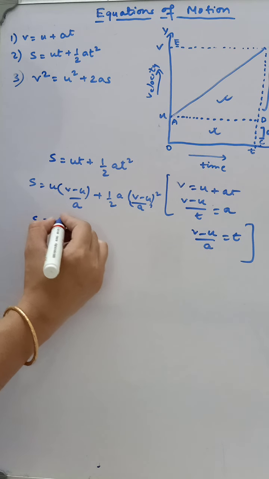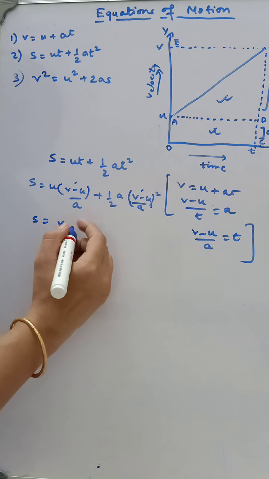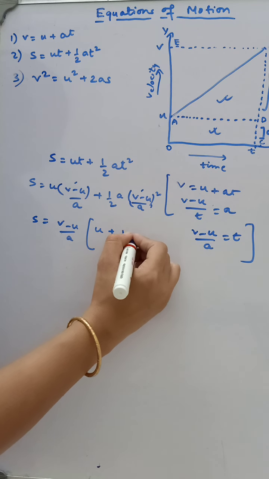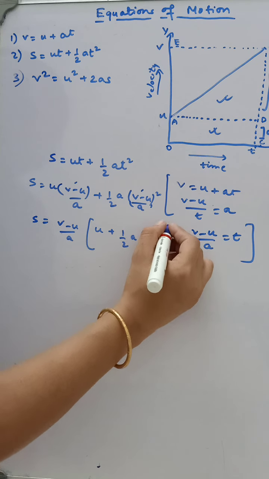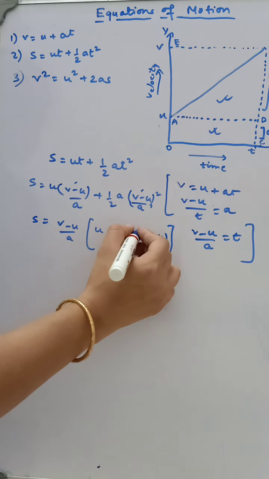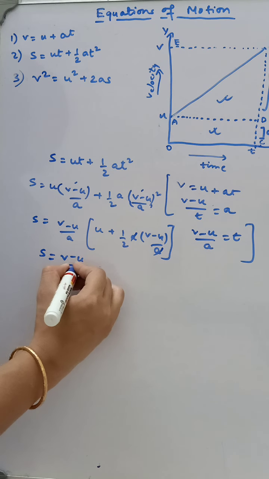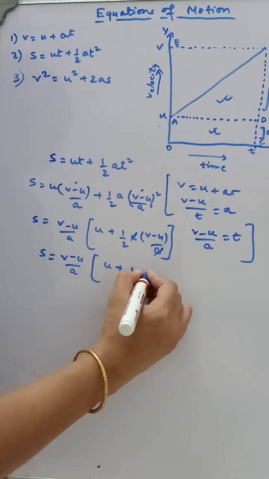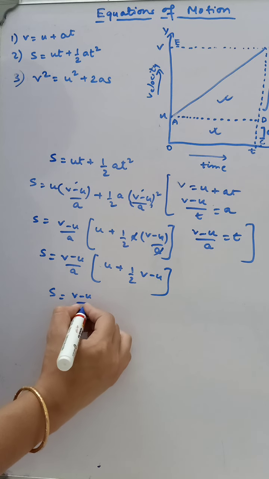If we open the bracket, we can take (v - u)/a common. We have u plus half into a into (v - u)/a left. If we cancel a and a, we get s = (v - u)/a into [u + half (v - u)].